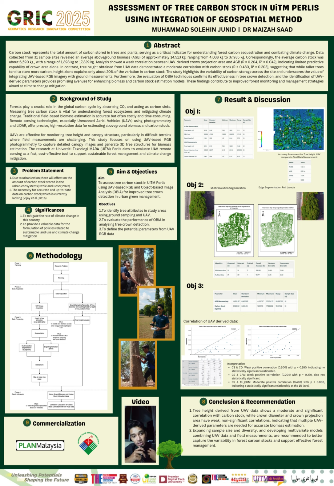That required us to extract the DSM and DTM, which is the digital terrain model and digital surface model, and then we use the formulation to subtract the two layers, and we come up with the CHM and extract all the tree heights. Then we do the accuracy of tree height, so we compare with the ground sampling and also with the UAV derived data.